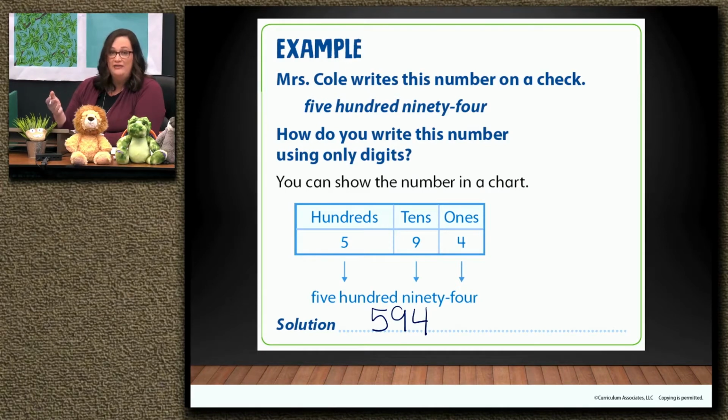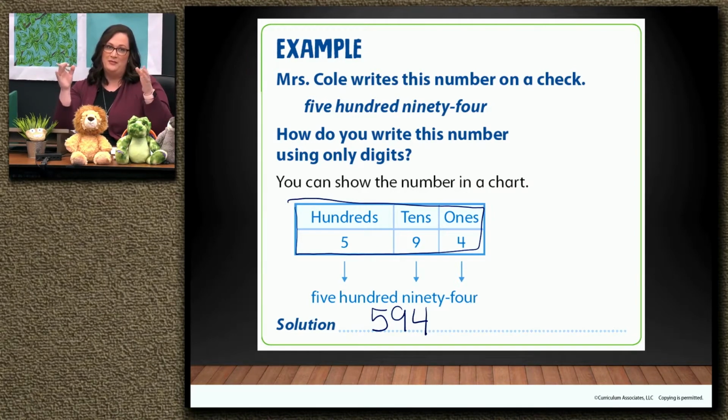Ta-da! I find it really easy to go from the place value chart to the actual number using digits because they're right there in the place value. Just like I find it really easy to go from expanded form into the words. So that's a hint for you.